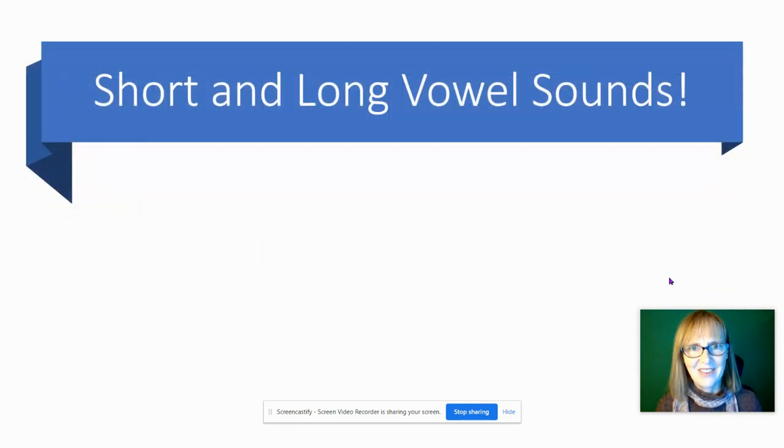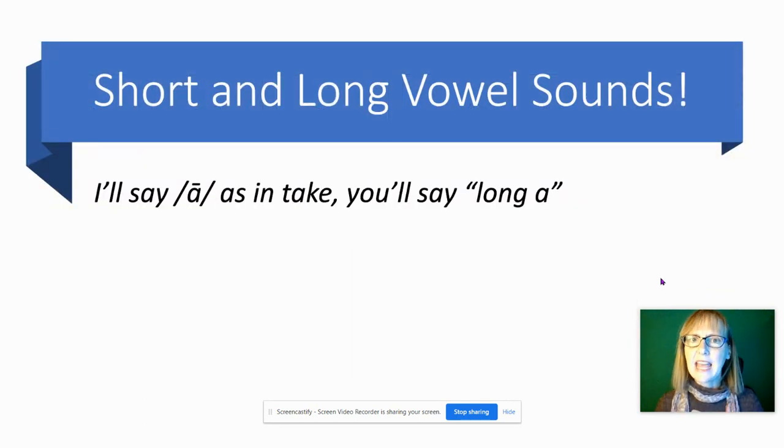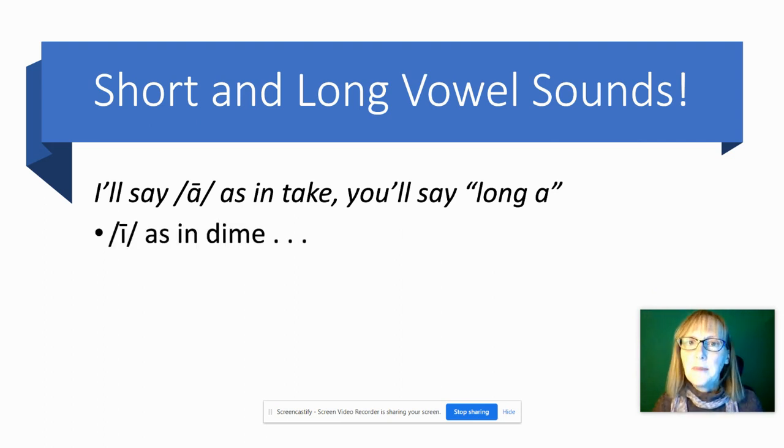Short and long sounds. Let's see if we can hear the difference. I'm going to say A as in take, and I want you to say long A. When the A is making its own letter name, it's called long. When it's saying the A, it's a short one, right? So let's do that. I as in dime, long I sound.